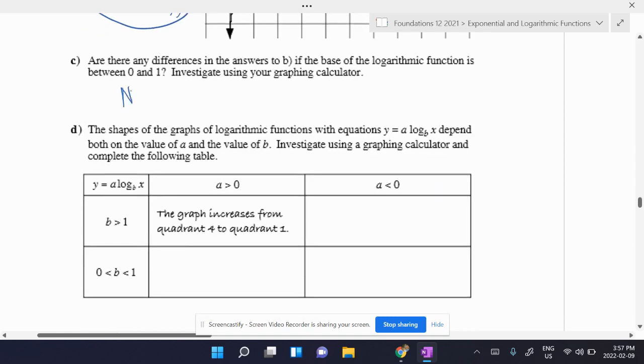So the answer to that is no, it does not. However, the shapes of the graphs do change. If a is greater than 0 and b is greater than 0, the graph increases from quad 4 to quad 1.